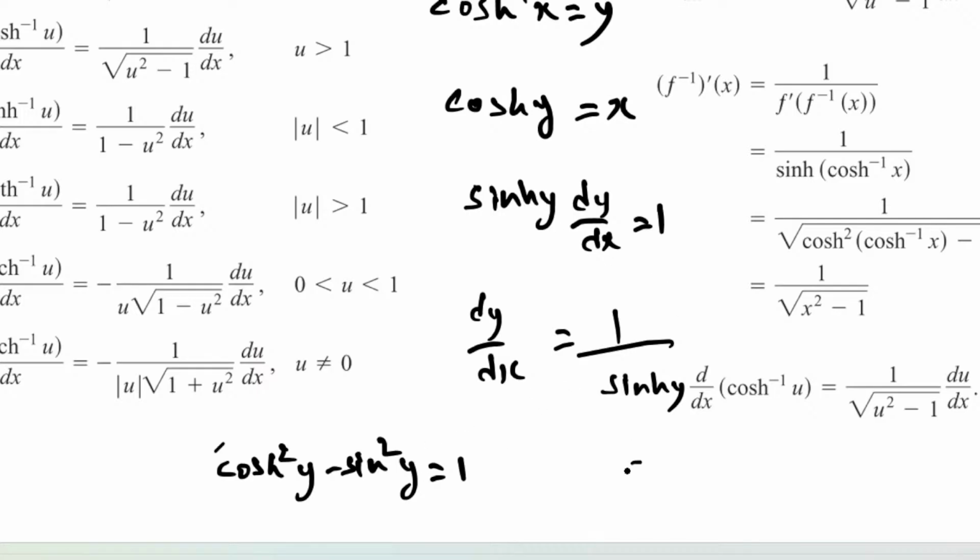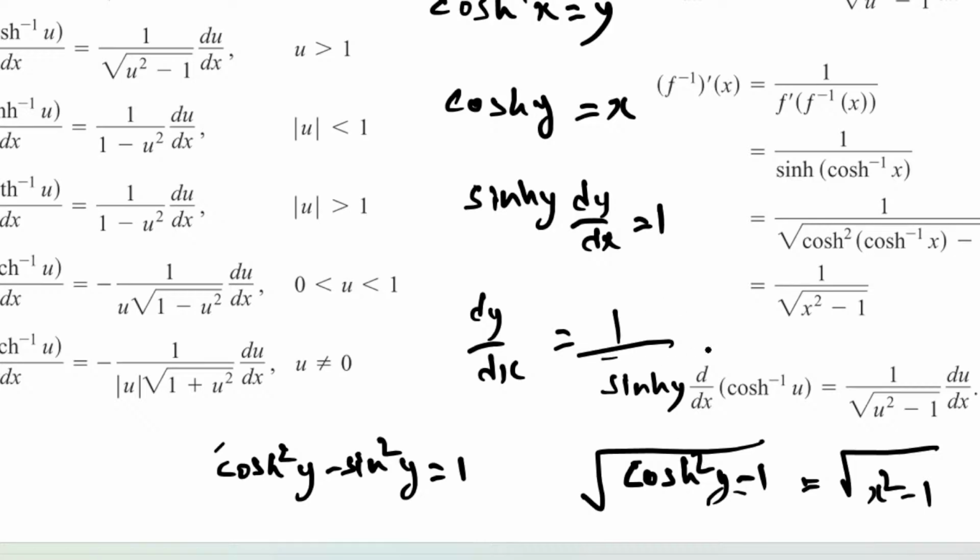Sin h y equals the square root of cos h square y minus 1. But cos h y is actually our x. This means under root of x square minus 1. So the derivative equals 1 by under root of x square minus 1. That is how we got this: derivative of cos h inverse x equals 1 by under root x square minus 1.